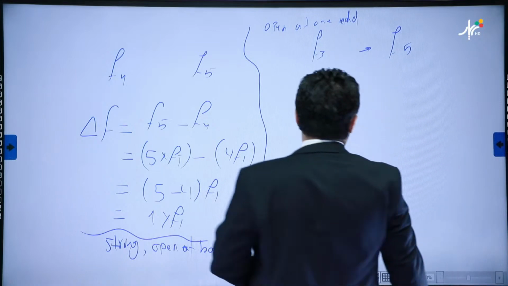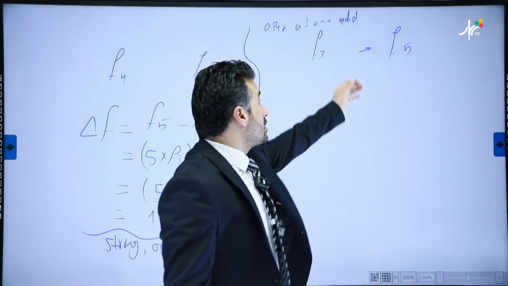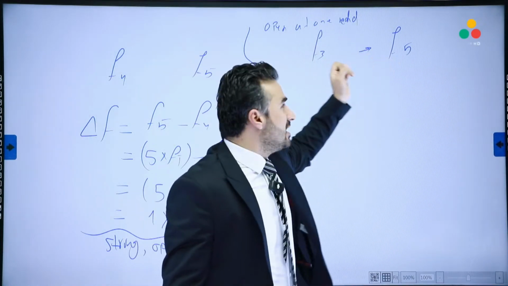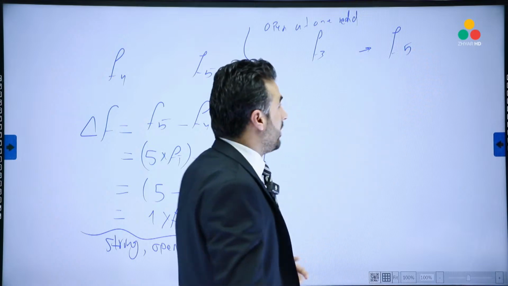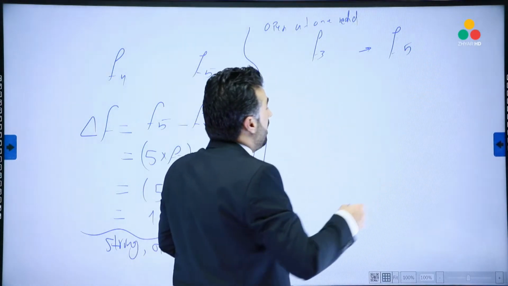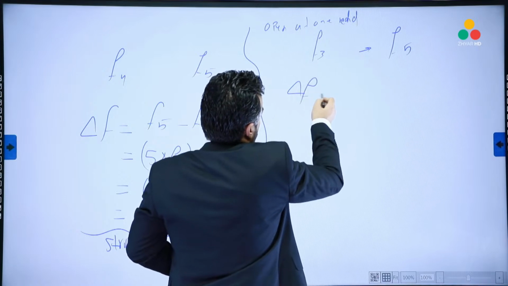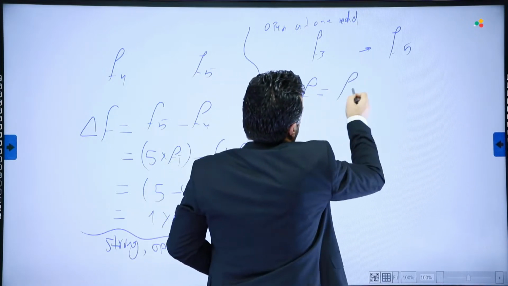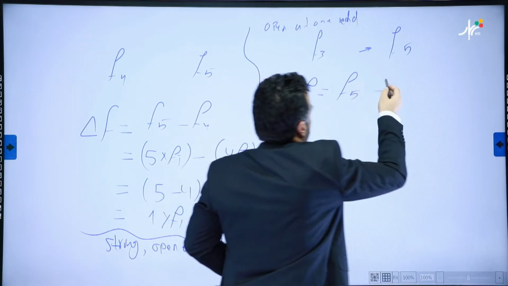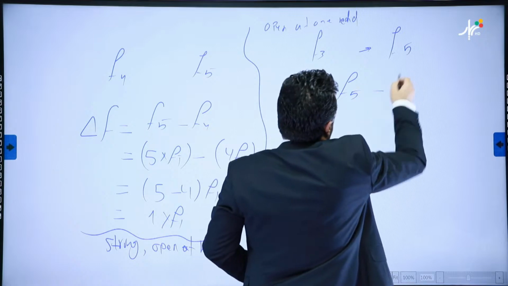If you want to find the difference between these two, these are called consecutive harmonics because they come right after one another, because there's nothing in between in a pipe that is closed at one end. So the difference is F5 minus F3.